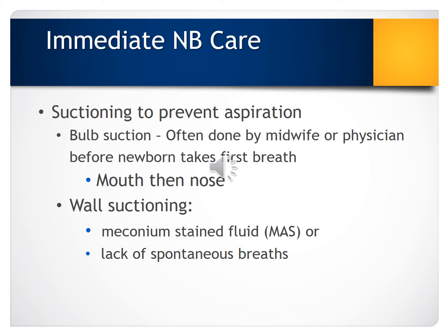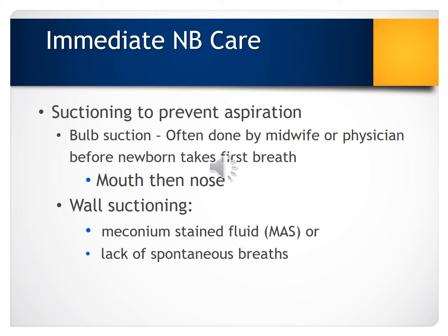Bulb syringes at the perineum are most common, and more vigorous suction is done at the perineum if there is meconium noted in the amniotic fluid when the woman ruptured, whether it was spontaneous or artificial.